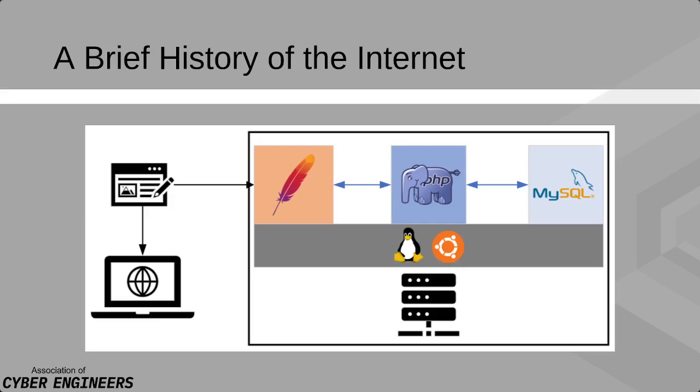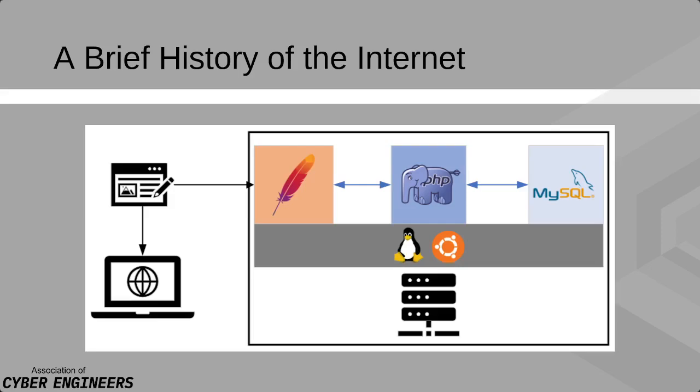If I want to run multiple of these servers, well, I've got to make sure that my database is the same database across all of those servers. So I've got to have multiple servers with their own database communicating with one another. That causes problems. And generally, if any one of these things breaks, the whole thing goes down, which is not great.